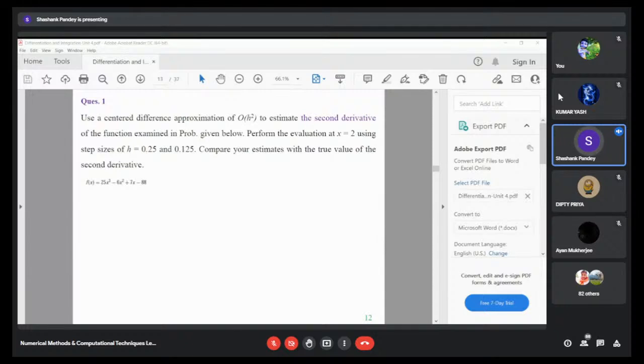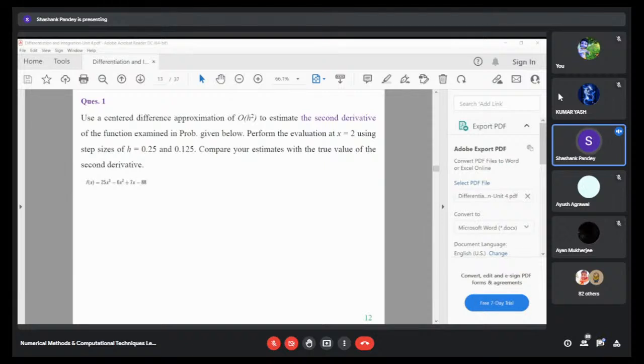That is h is equal to 0.25 or h is equal to 0.125. 0.125. Okay. So using h is equal to 0.125, we will get a more accurate answer, and you can check this by calculating the error or percentage error with respect to the exact answer or true value. So you can easily solve it. You try it on your own.